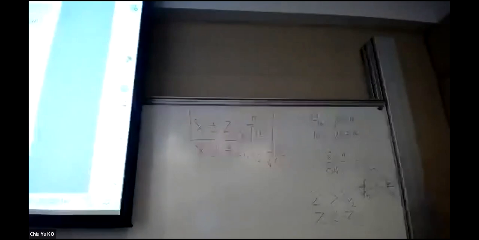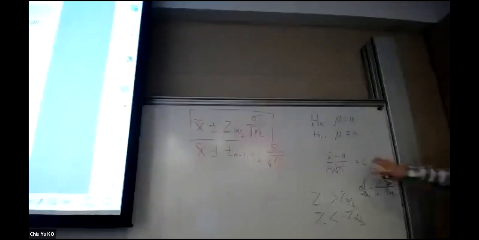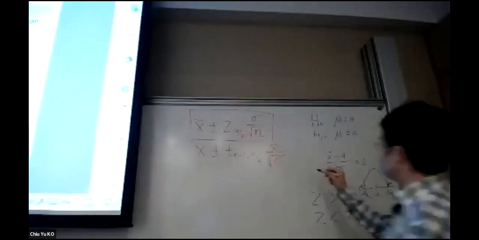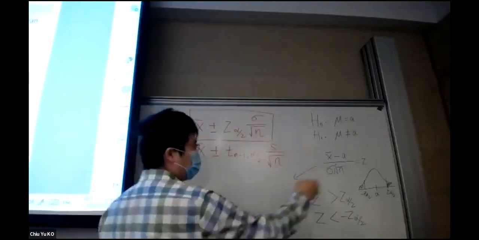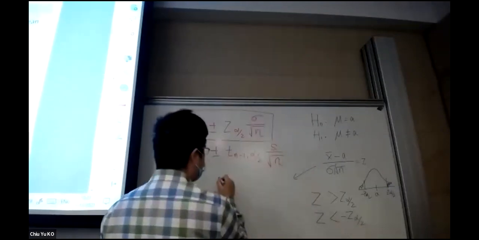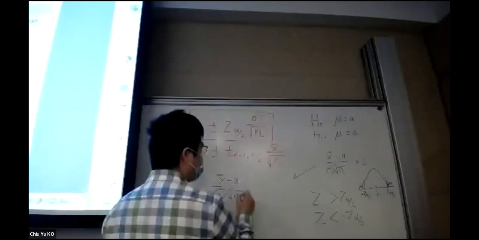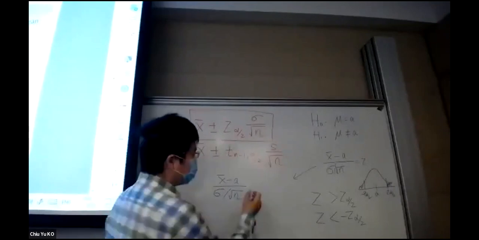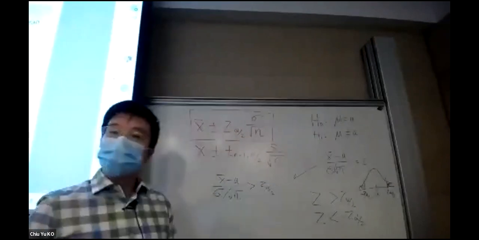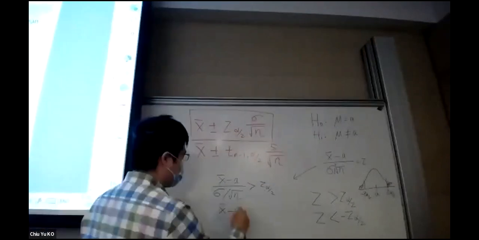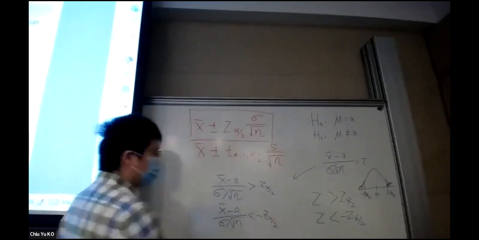In these two-tail areas, you reject. So you reject if this guy is bigger than Z alpha over 2, or this is less than negative Z alpha over 2.